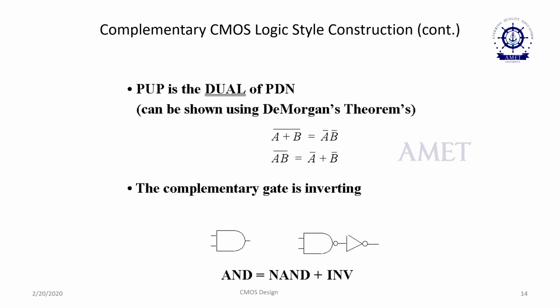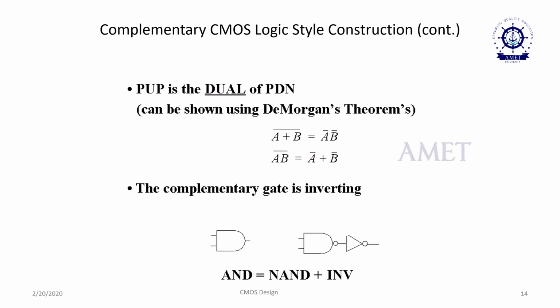Whenever the input A is equal to 0, B is equal to 0, the output will be 1 for the NAND gate. Similarly, for 0 1, it is 1, for 1 0 it is 1, and for 1 1 it is 0. This is the truth table of the 2 input NAND structure using CMOS. Like this, you can have a NOR gate, XOR, XNOR, that we are going to discuss one by one.